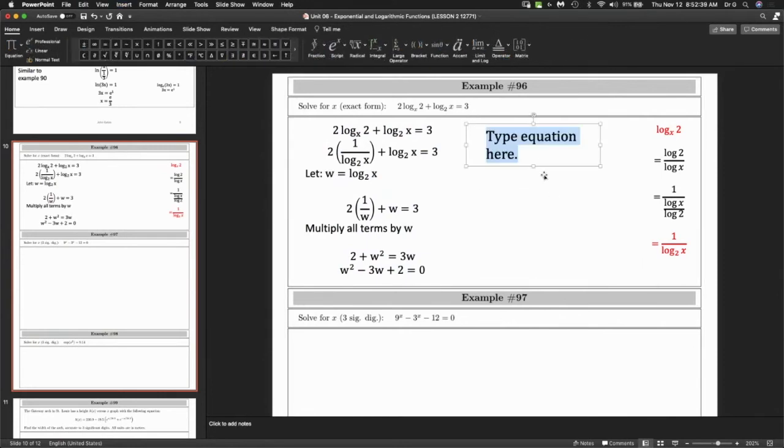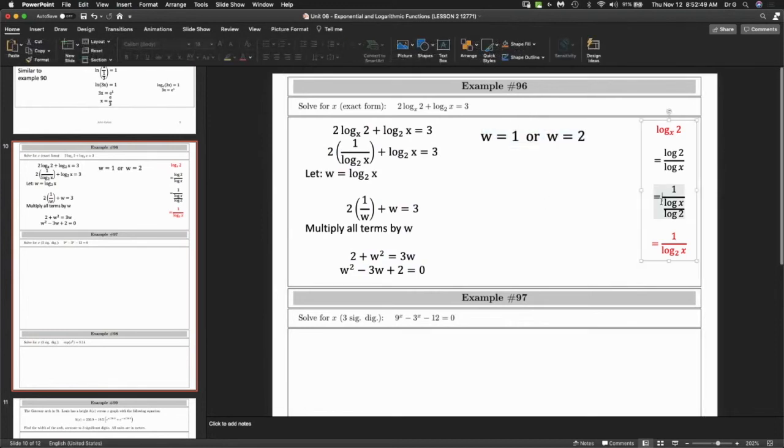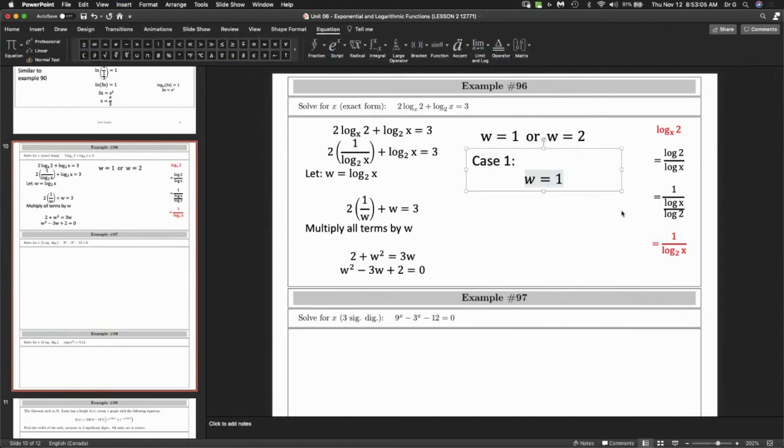So on to part 2 here. Once you solve that, you get w equals 1 or w equals 2. So there's two solutions here. Case 1, w equals 1: log base 2 of x is equal to 1, x equals 2 to the 1, which is 2.